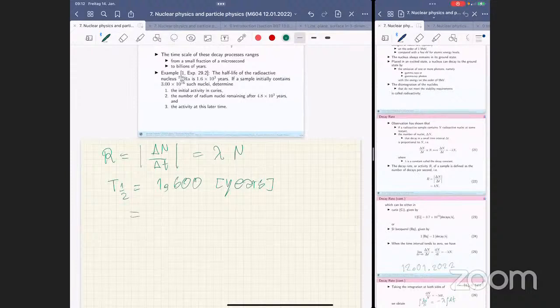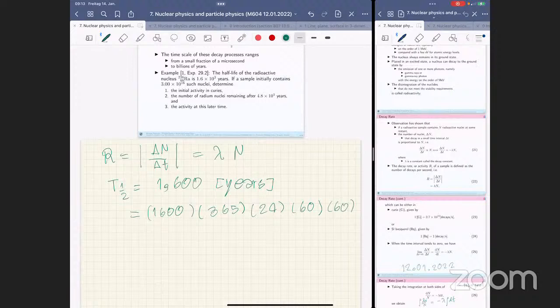So T half could be expressed as 1,600 years times 365 days per year, times 24 hours per day, times 60 minutes per hour, and we need to multiply further by 60 seconds per minute, right?